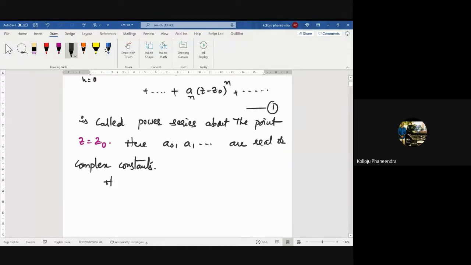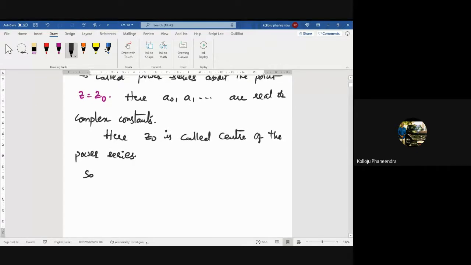Here, z0 is called center of the power series. Okay. So simply if z0 equal to 0, then the power series about z equal to 0 is, what is that?